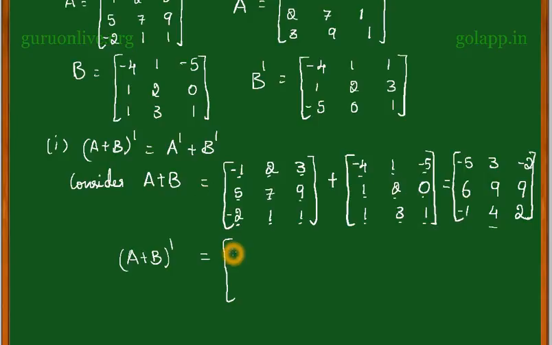So let me consider the first column, which is minus 5, 6, minus 1, becomes your first row: minus 5, 6, minus 1, and second column as second row: 3, 9, 4, and the last column as last row: minus 2, 9, 2. Call this as 1.